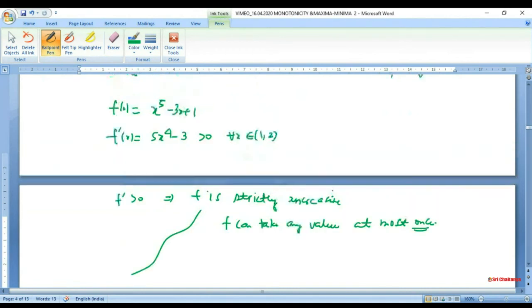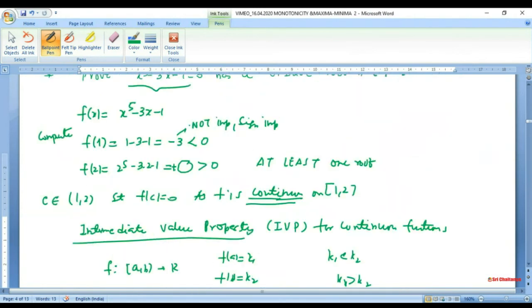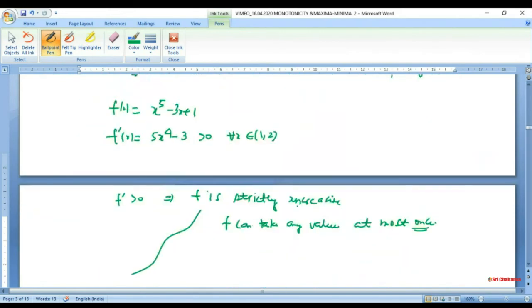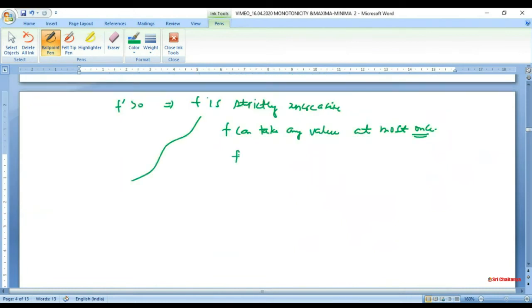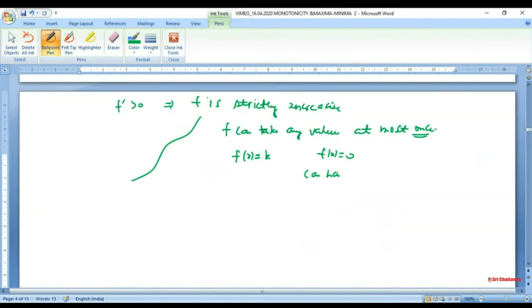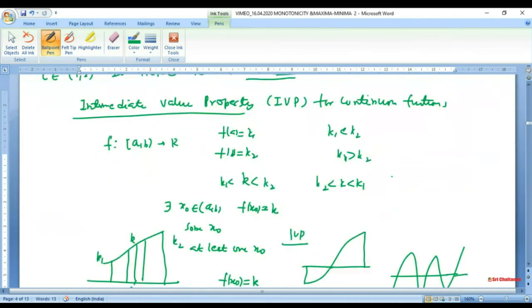So f has already taken the value 0 at the point c. Already you have got one c for which f(c) is 0. So we conclude that that's the only c, because it tells you that f(x) equal to anything, k or 0, can have at most one root. Here you got at least one root.